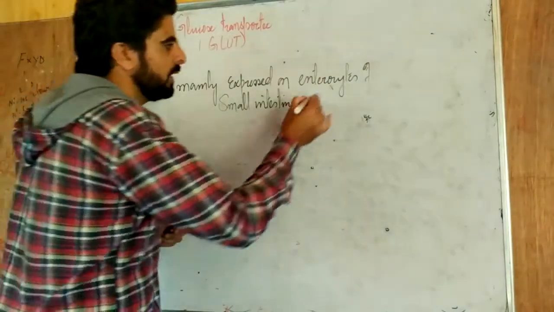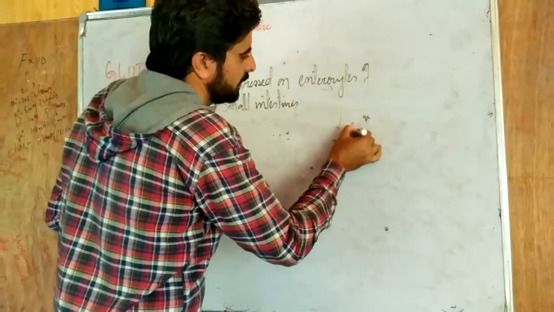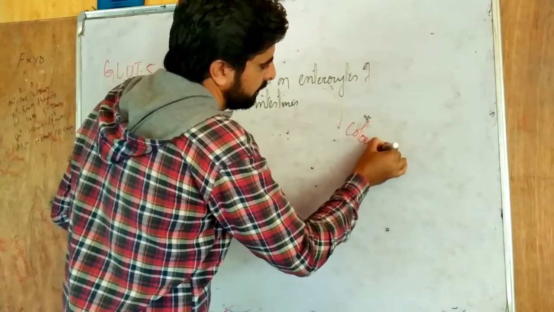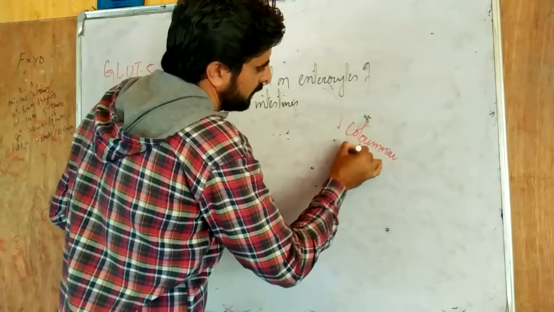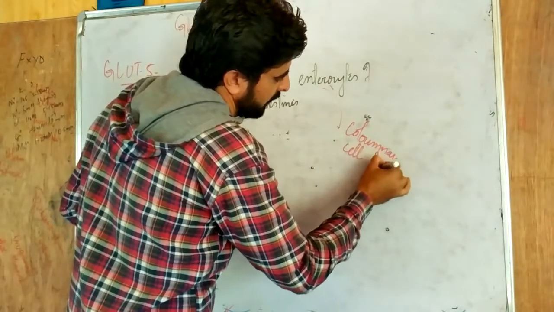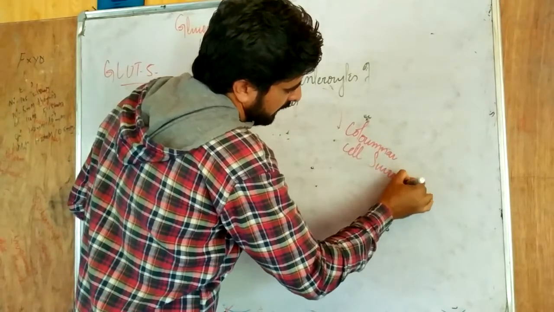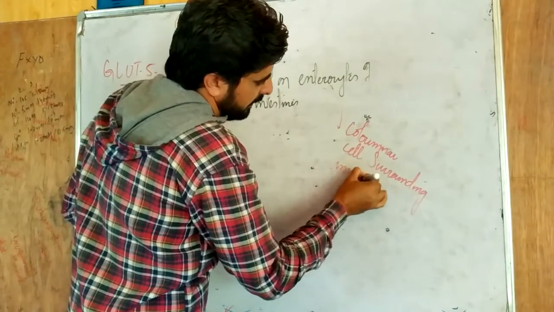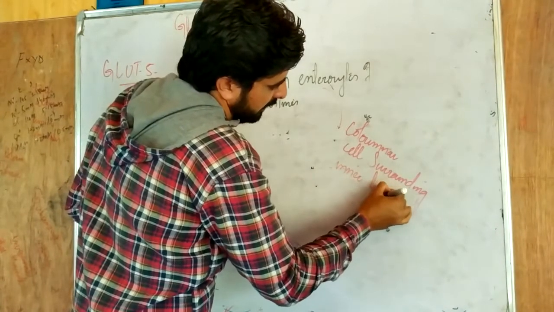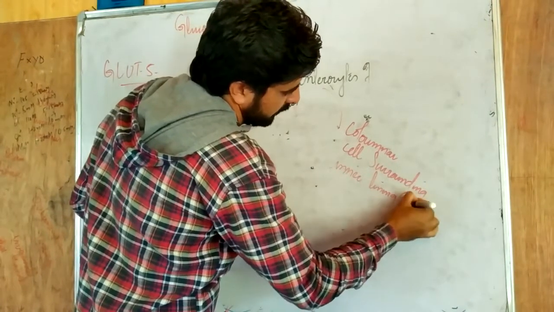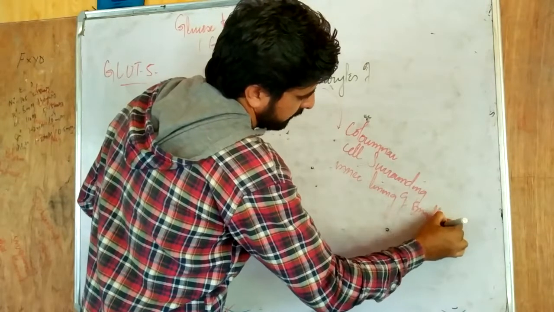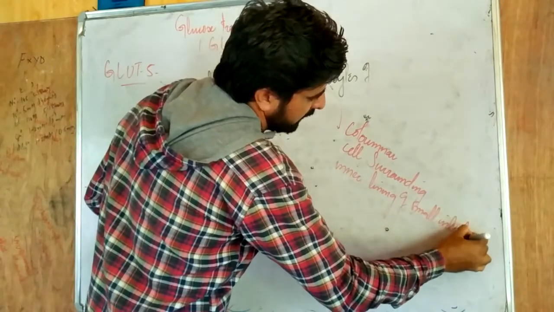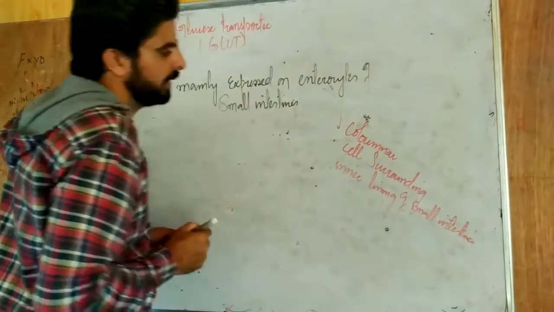These interior sides are the columnar cells. These are columnar cells surrounding the inner lining of small intestine. These are mainly the absorptive cells because they are helping absorption.